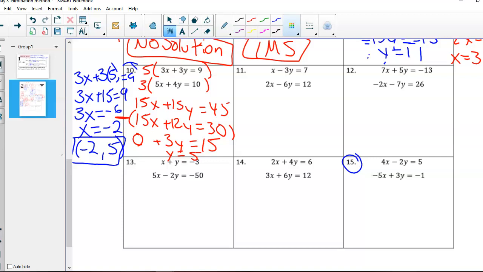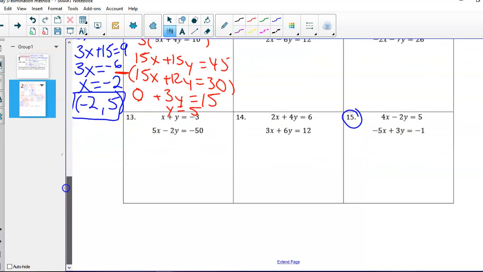Okay. One more. I want you guys to walk me through this. How would we start this? Multiply the x's by what?